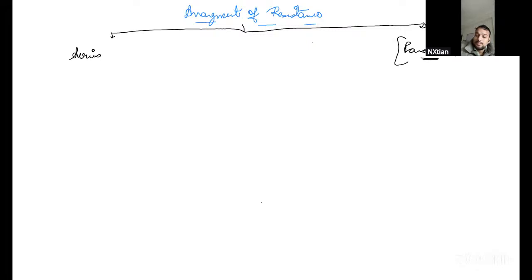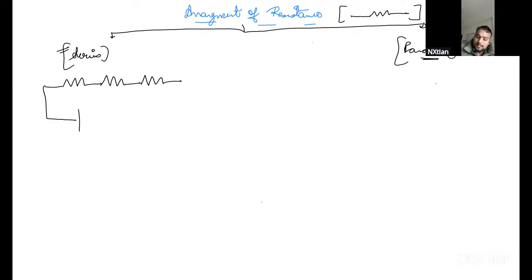In series, first of all, how will you represent resistance in a circuit? Resistance in a circuit is represented like this. So now, for example, three resistances are arranged in a circuit.